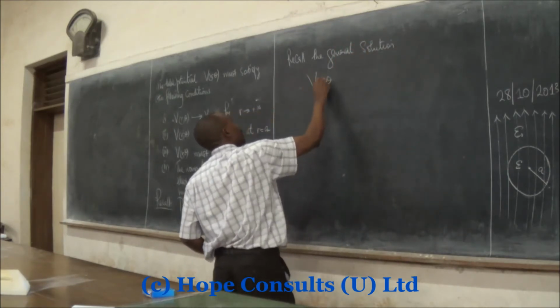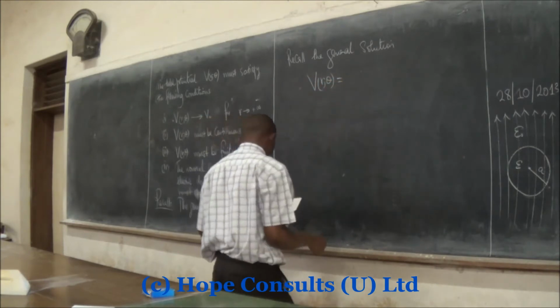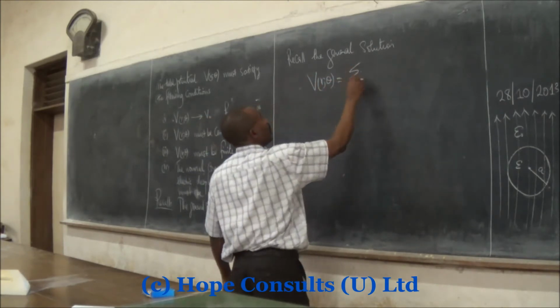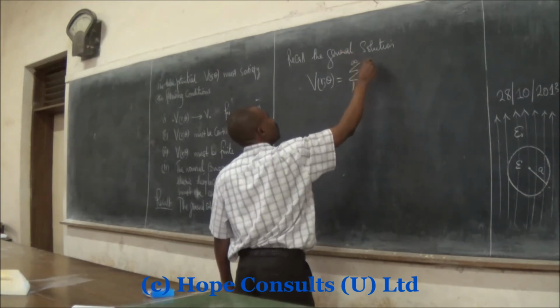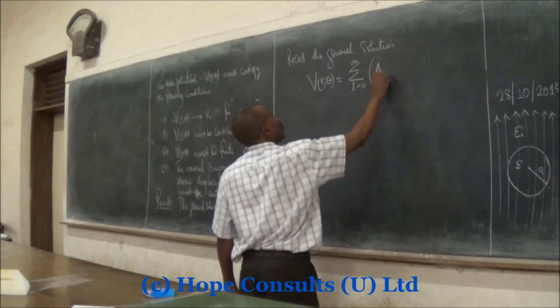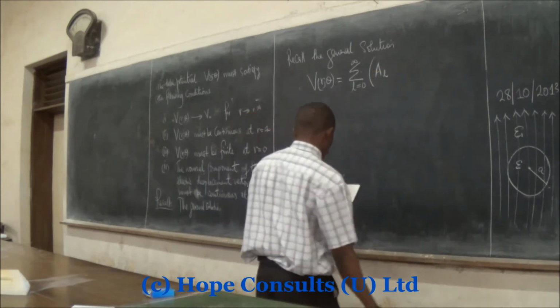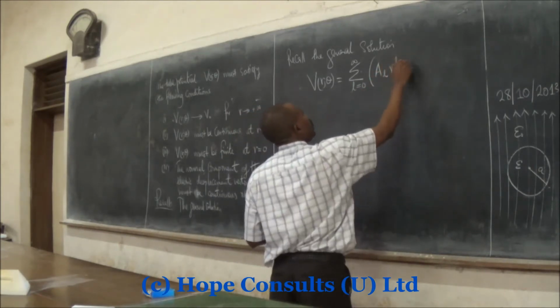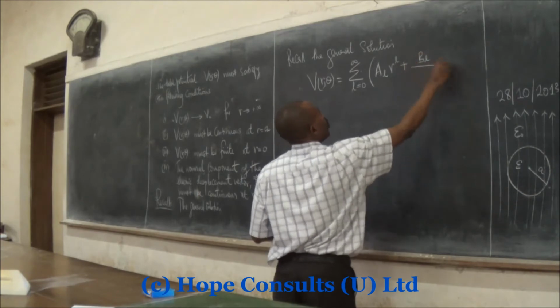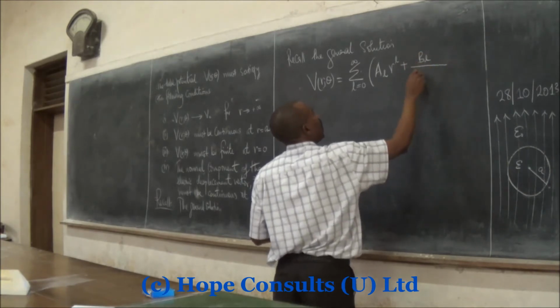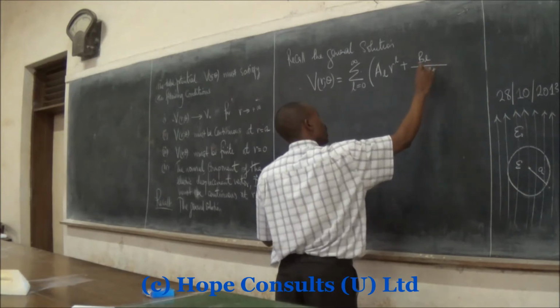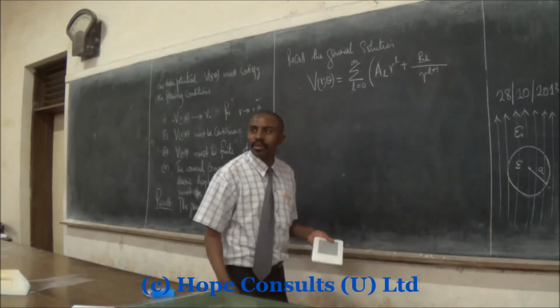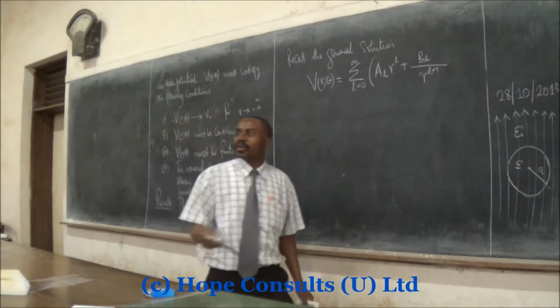V(r, theta) is equal to the summation, l equal to 0 to infinity, of A_l r^l plus B_l over r^(l+1), into P_l(cos theta).